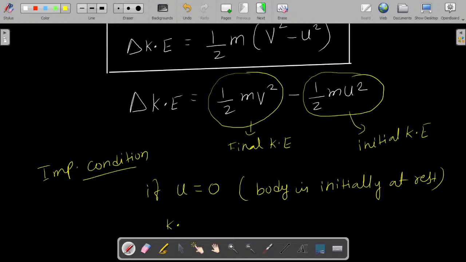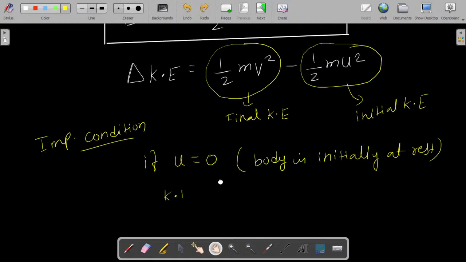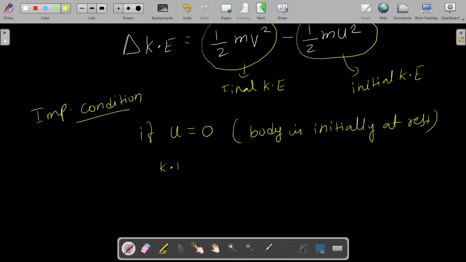In place of change in kinetic energy, we can write kinetic energy final minus kinetic energy initial. This will be half m v square minus u square. In place of u, you have to put here 0.